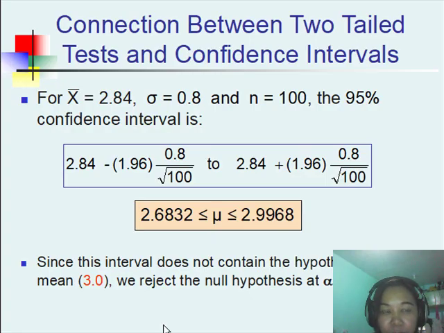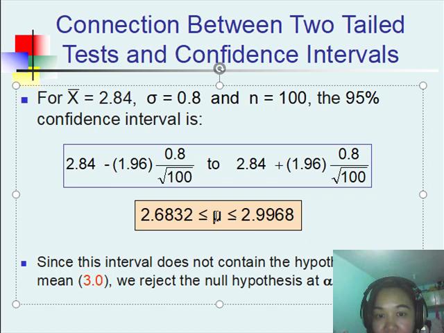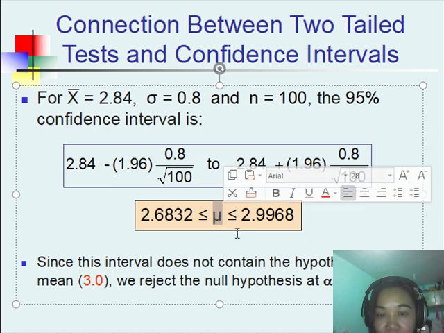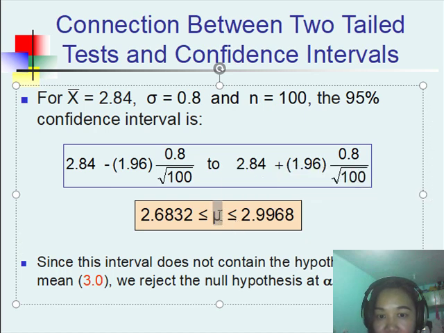Okay, so we compare our hypothesized mean within it. So our hypothesized mean is 3. So since 3 is not within the confidence interval, it must be outside of your confidence interval. Okay, so our mu here is 3.